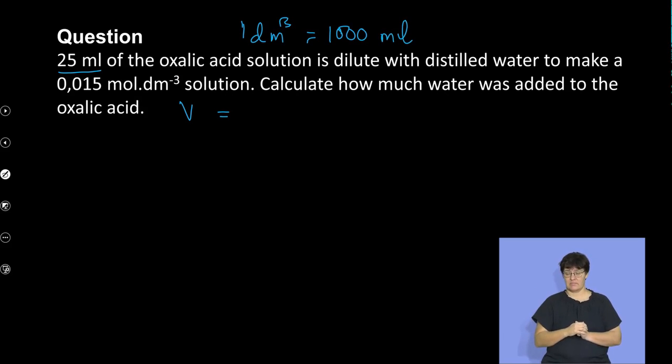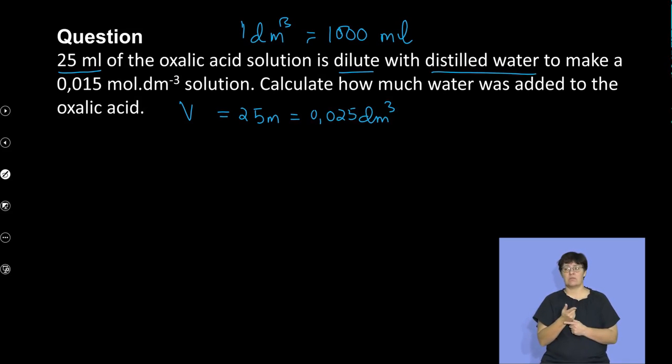So that volume is 25 mils, which is equal to 0.025 cubic decimeters. That's the volume. It's diluted with distilled water to make that concentration.